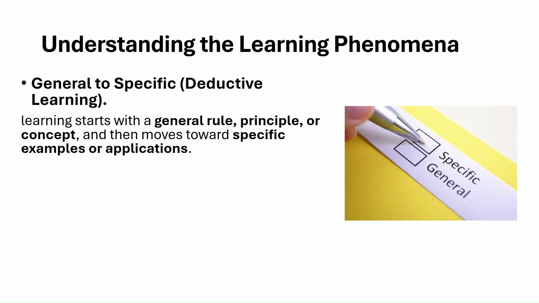Number one is normally known as general to specific, in which a learner learns things from general to specific. So things become easier: they go very general, and by the time they learn, they narrow their window of learning to a specific objective.